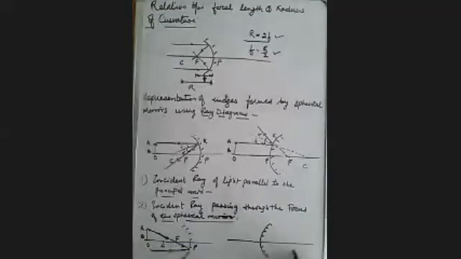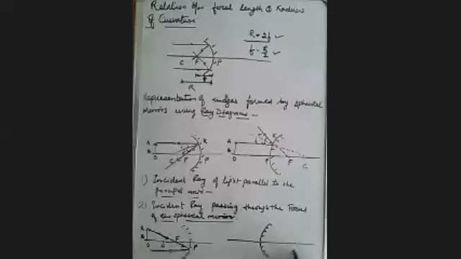Now in this case, because this is a mirror, the ray cannot actually pass through F, but appears to be passing through F. So the ray which appears to be passing through F will be incident at a point and it will be reflected parallel to the principal axis. It is not actually passing through the focus, but appears to be passing through the focus.